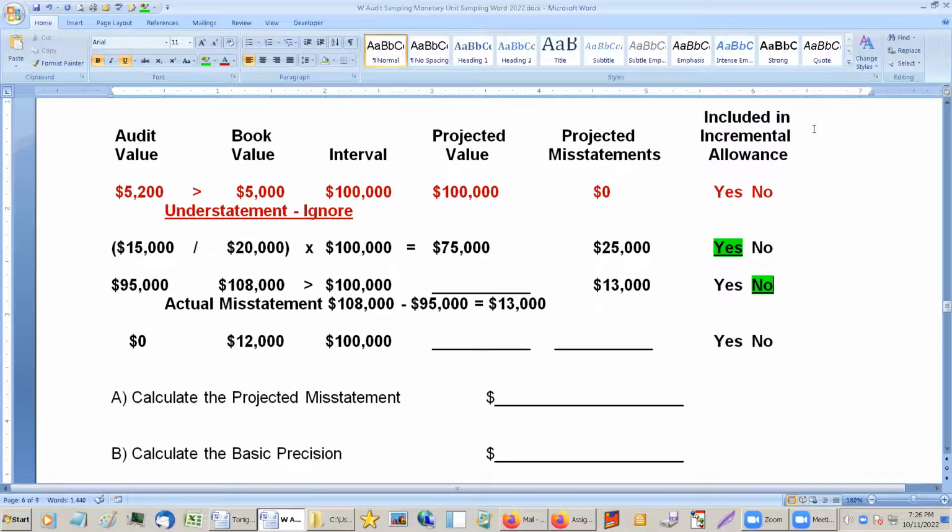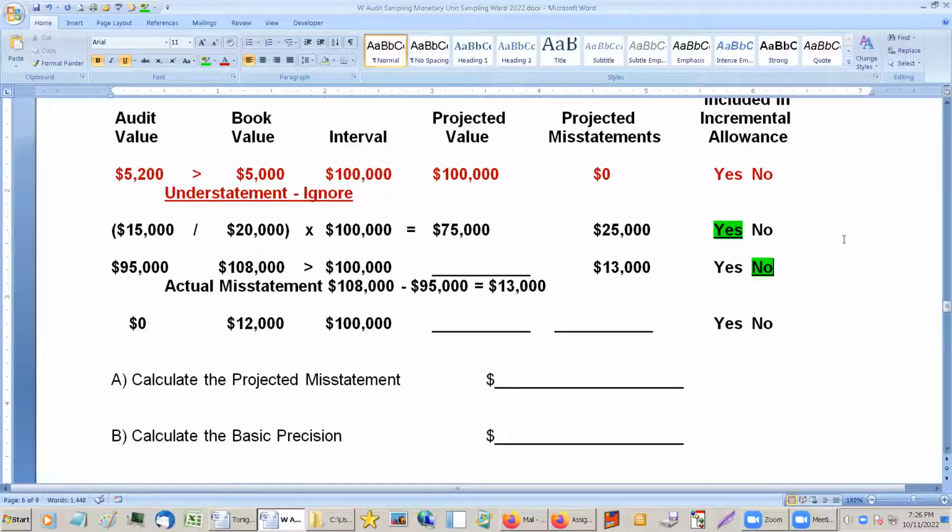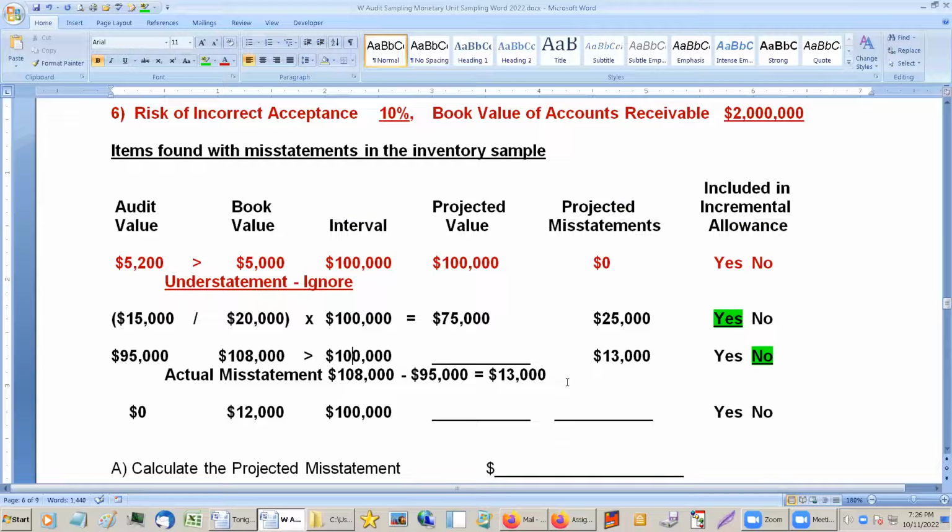There's nothing else in that interval that could be wrong. You've got to think about these intervals almost as entire populations for the item that you're picking. So this is the entire population for this, this is the entire population for this, and this is the entire population for this. So you've got to think about them in that context.